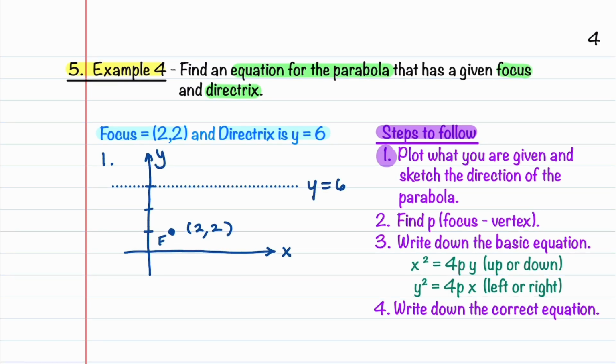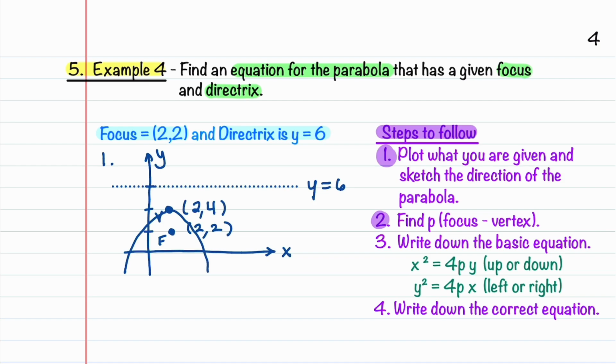In order to sketch the parabola, we first need to put down where the vertex is located. The vertex is going to be halfway between the focus and the directrix, so it's going to be located right here. Let's put a V here for vertex, and it has the coordinates 2, 4. The parabola is going to point toward the focus and away from the directrix, so it's going to be shaped like this.